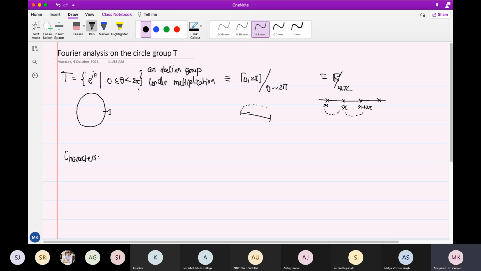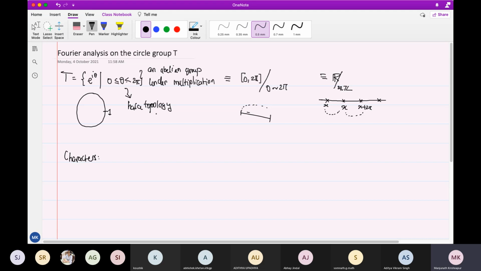Here, this also has a topology, right? If you are not familiar with abstract topology, just think of the metric. I mean, so there is a sense of what is close, what is far. So there is a distance function on this thing.